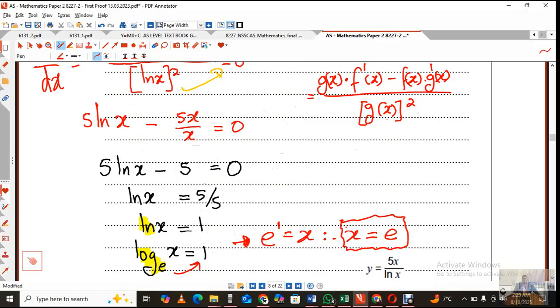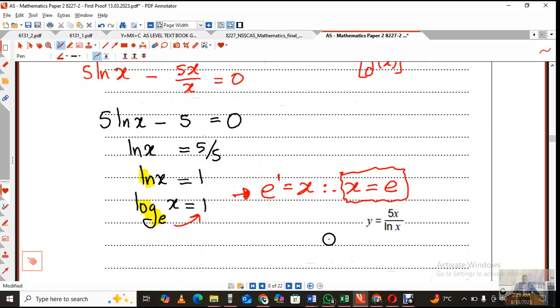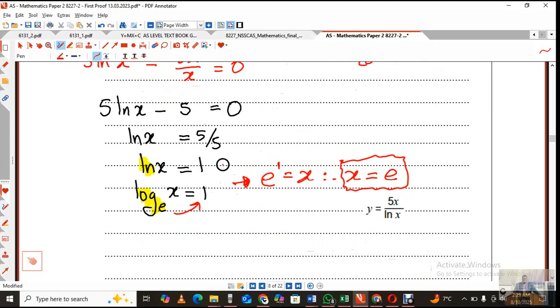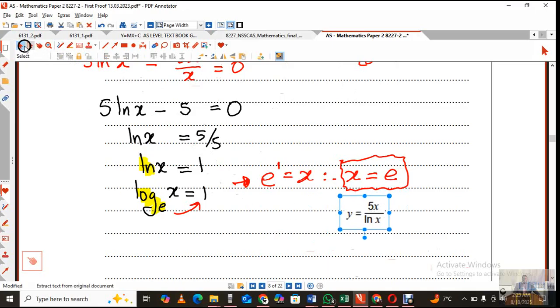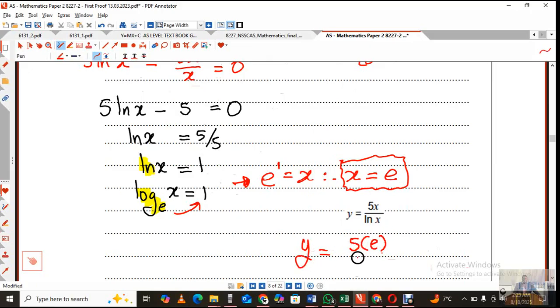But remember, we're not just looking for the value of x, we're looking for the coordinates. So I brought the function over here so that you can see that we are going to take that value of x and substitute it back into the original function, in order for us to calculate what the corresponding y value would be. So that is 5e over natural log of e.